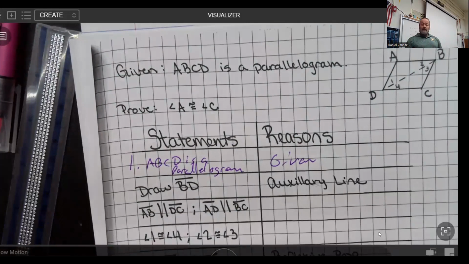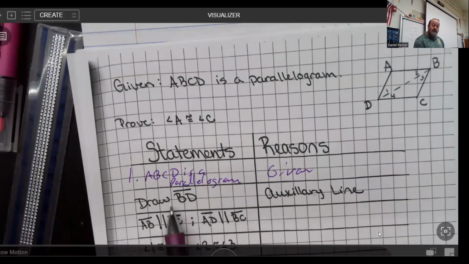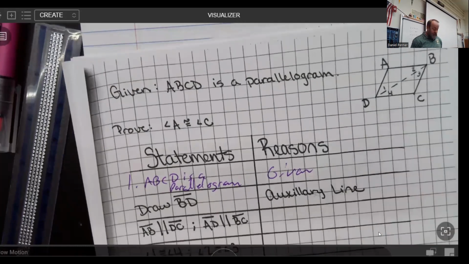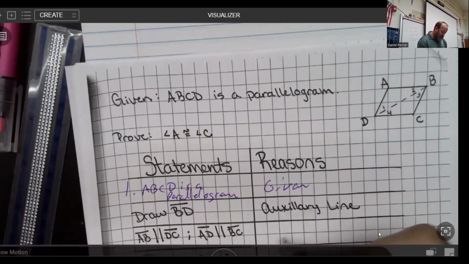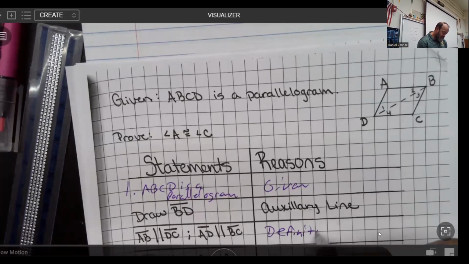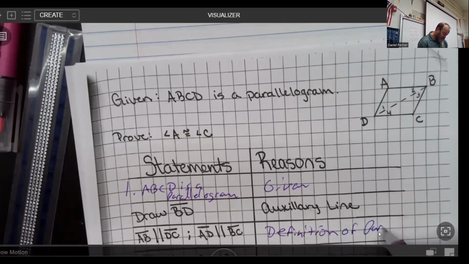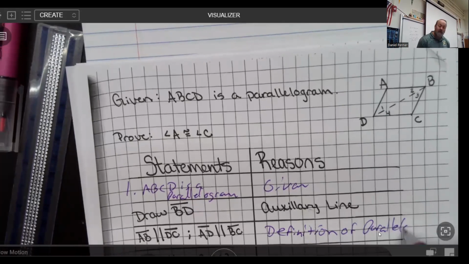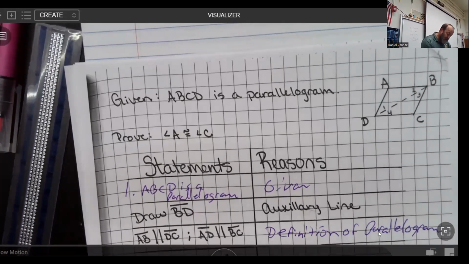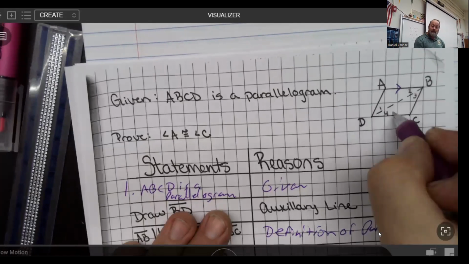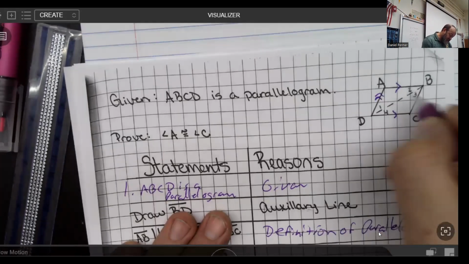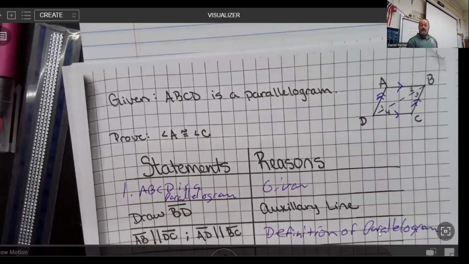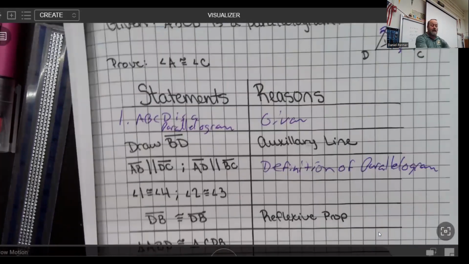Now, if we know that this is a parallelogram and we decide to draw in the diagonal, just like I did on the first page of the notes, we know that the definition of parallelogram says that the opposite sides are parallel. So I can add this to my picture, saying that AB is parallel to DC and that AD is parallel to BC.